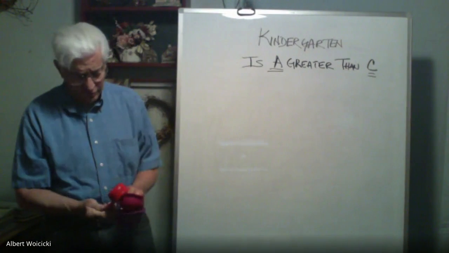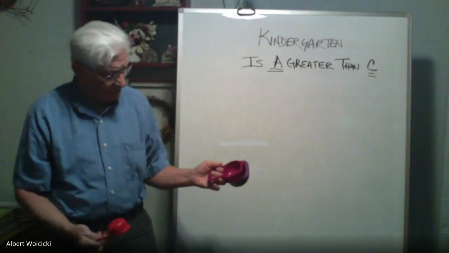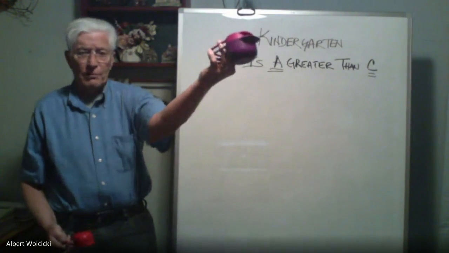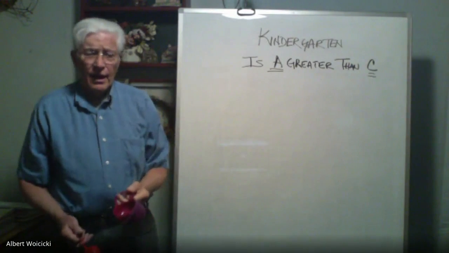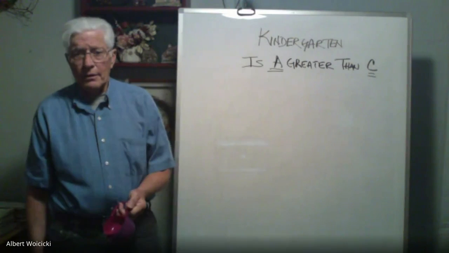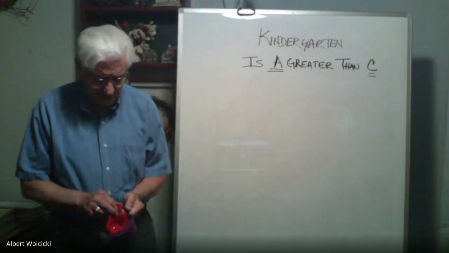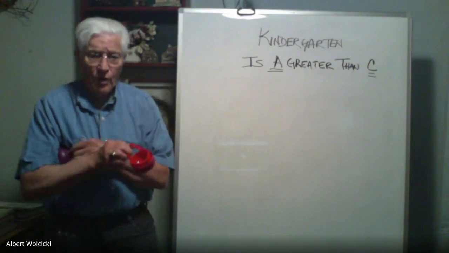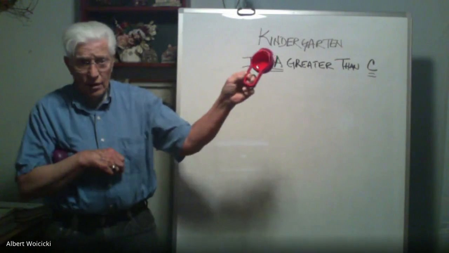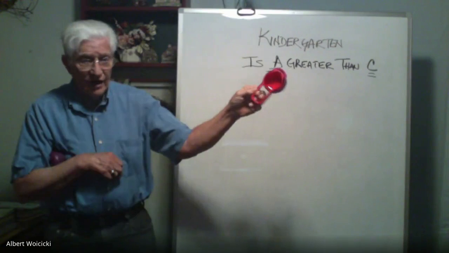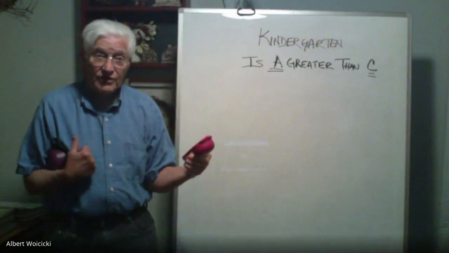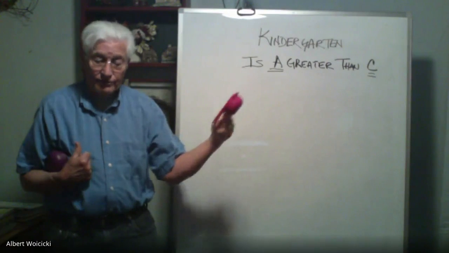First, we ask the question, is the maroon cup inside the purple cup? And everybody in the class will say yes. Then we take the purple cup away and ask the second question, now is the red cup inside the maroon cup? And everybody in the class, again, will say yes.